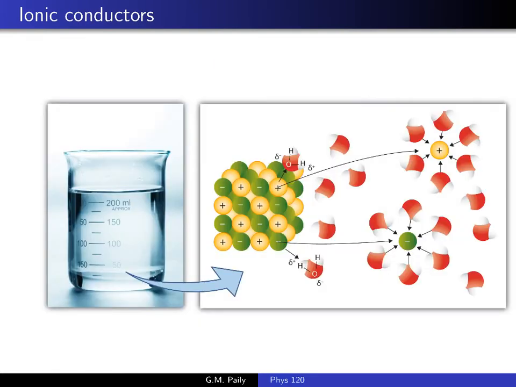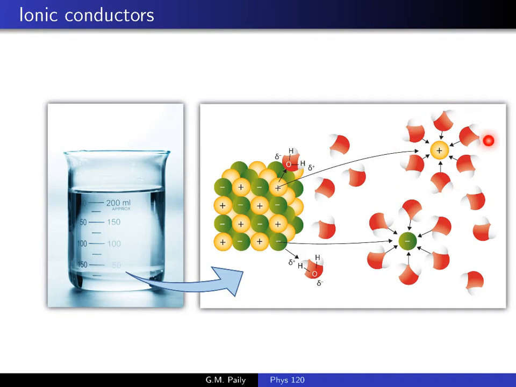When we dissolve an ionic crystal such as salt in water, let's imagine that this is NaCl. The yellow positive ions are positive sodium ions, and the green negative ions are chlorine ions. As they get dissolved in water, each of the ions is surrounded by water molecules.